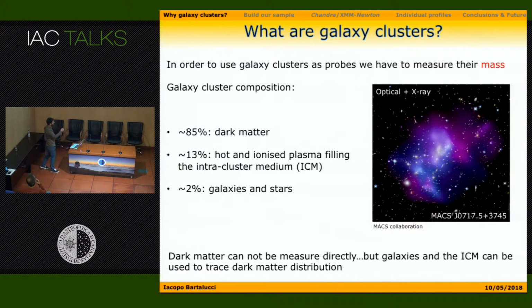You can see this component here with this purple cloud, which basically fills the cluster volume. And then only a very tiny fraction of the baryon mass is formed by galaxies and stars. Of course, we cannot directly measure dark matter. The interesting thing is that we can use these baryonic components to trace the dark matter component.